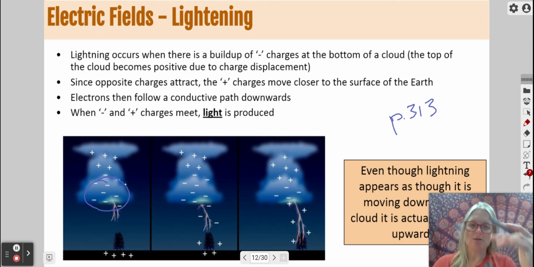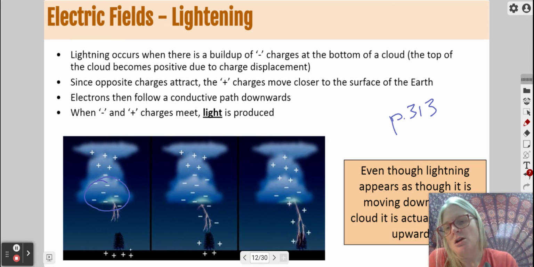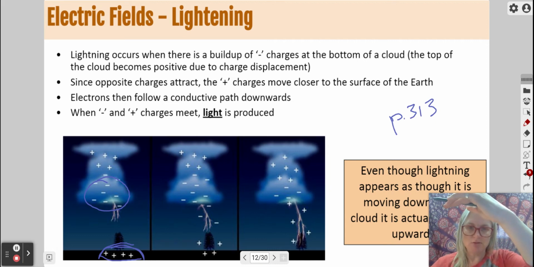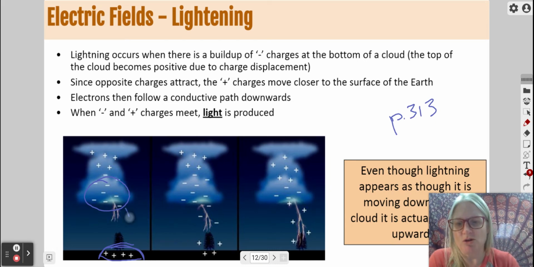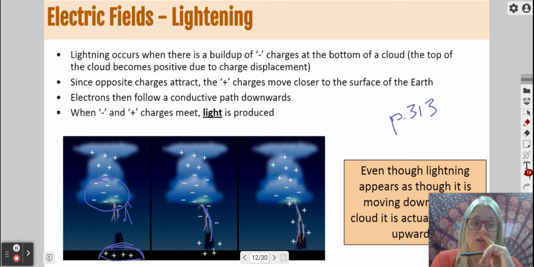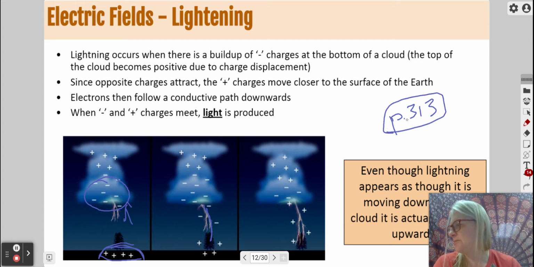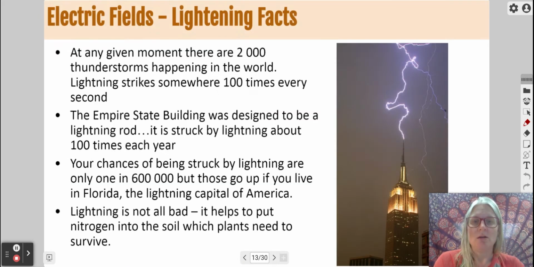They just kind of move around, but this causes the positives on the earth to come up to the surface, where the negatives go down, to attract to the negatives that are up there. And once they get close enough, or you're able to have a pathway that lightning can follow, that's when you get the transfer of electrons and the lightning. But I would suggest reading page 313. There's a paragraph on there about lightning.